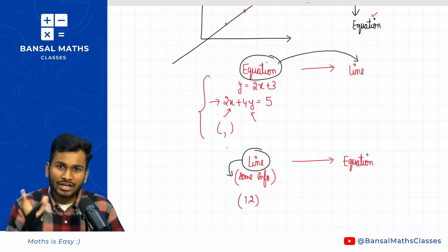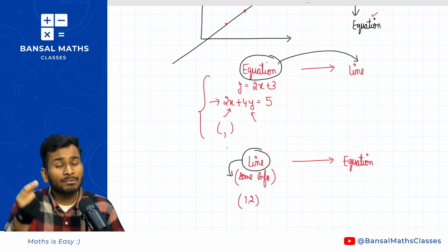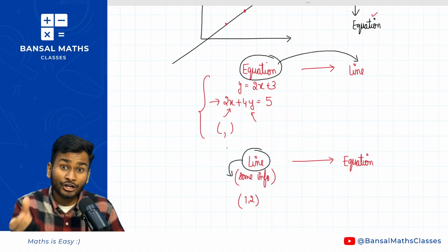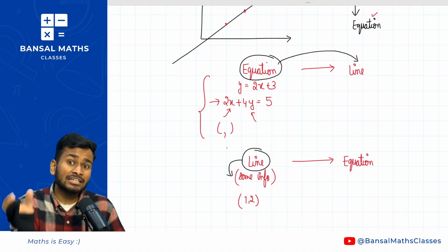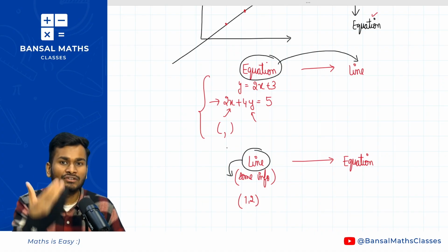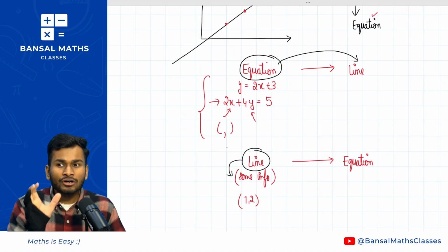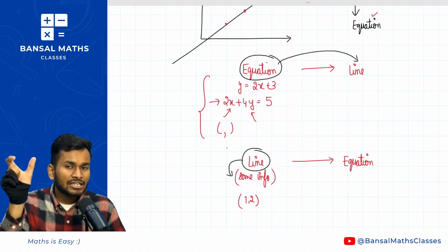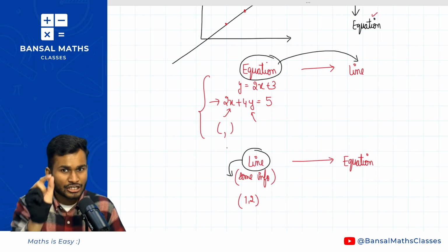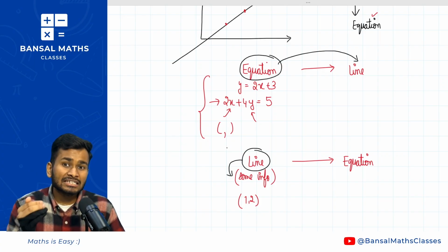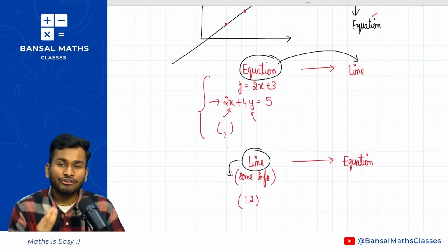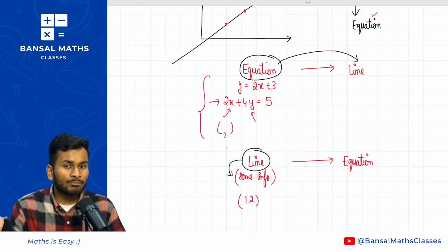But now we are reversing the game. Somebody will give you some information about the line. They will give you coordinates, and you have to take those coordinates and build the equation of line. Right? We then saw linear equations. We started with linear polynomials, and linear polynomials can also be written as linear equations when we introduce a separate variable. We call it the output variable, to store whatever output we get from the input.